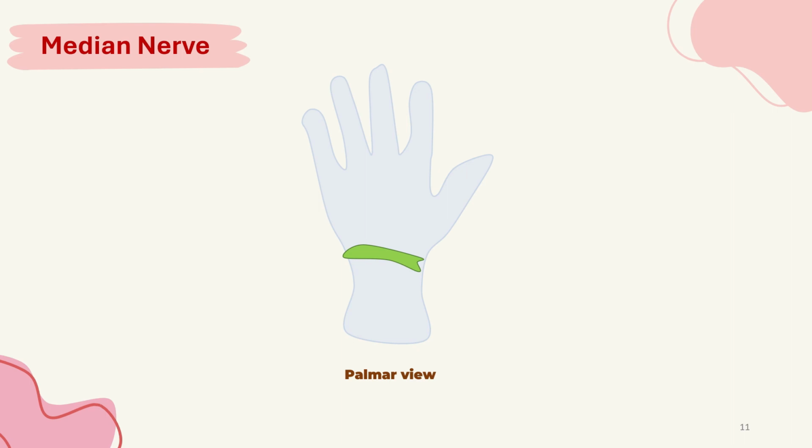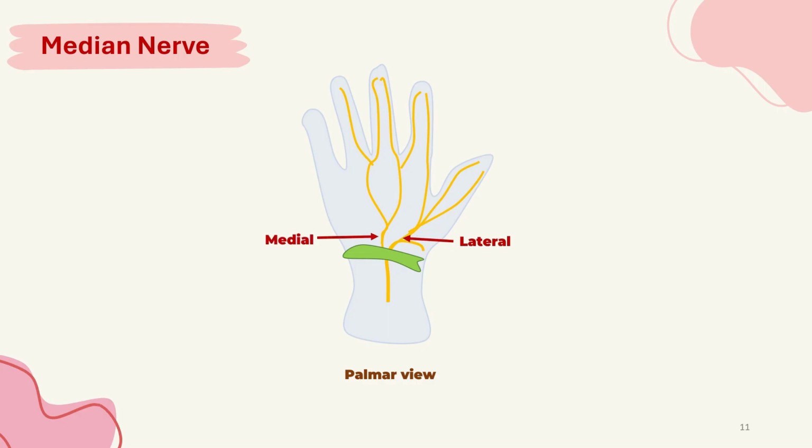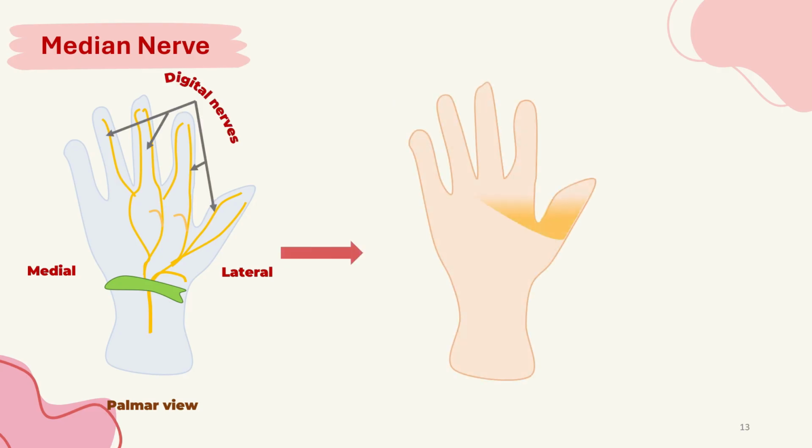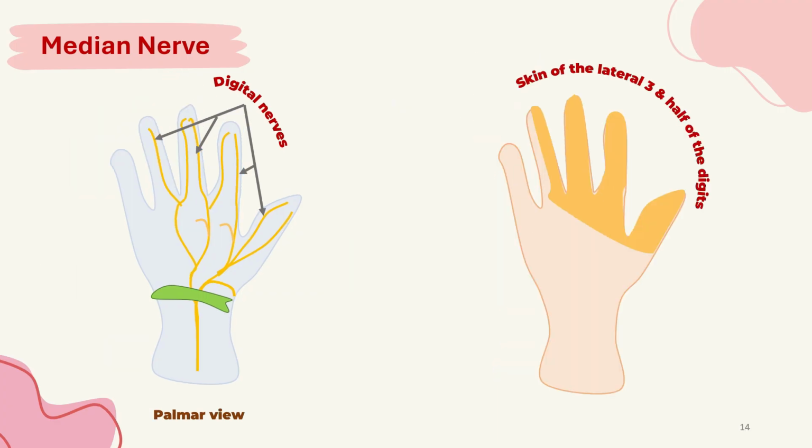Once the median nerve enters the palm below the flexor retinaculum, it divides into medial and lateral branches. From these, it gives muscular twigs to the first and second lumbricals. It also subdivides into the proper digital nerves, which supply the skin of the palmar side of the lateral 3.5 fingers.